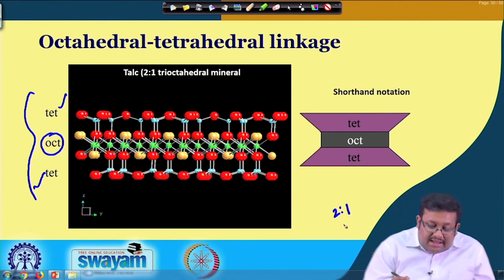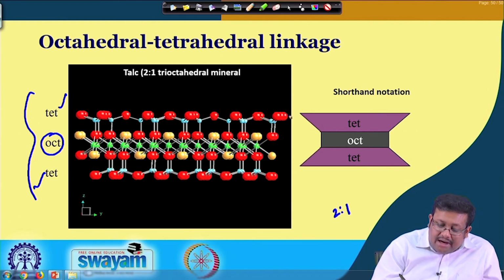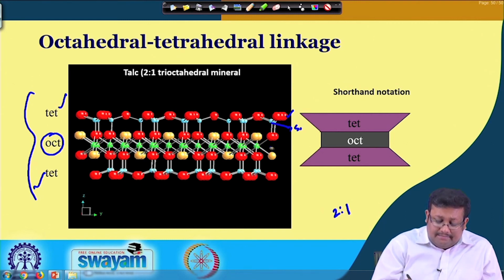You can see these red solid structures denote oxygen, whereas these are silicon, and these are magnesium.